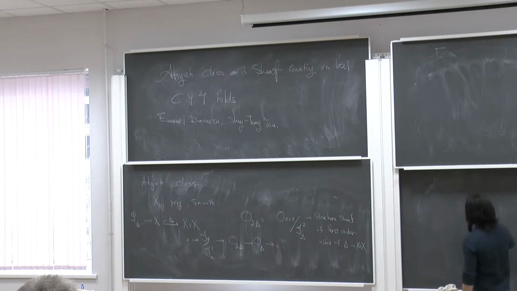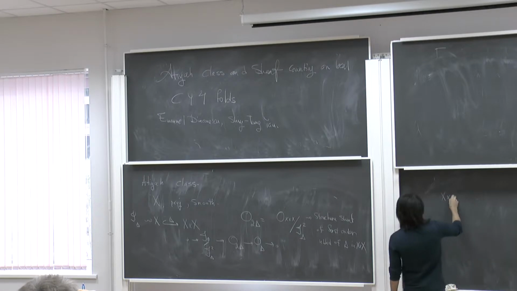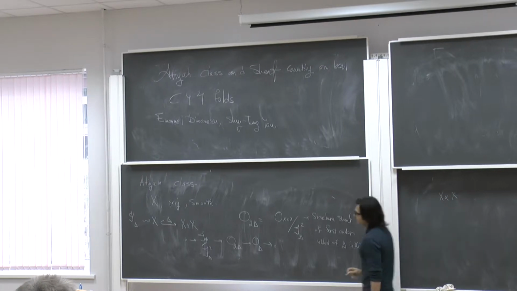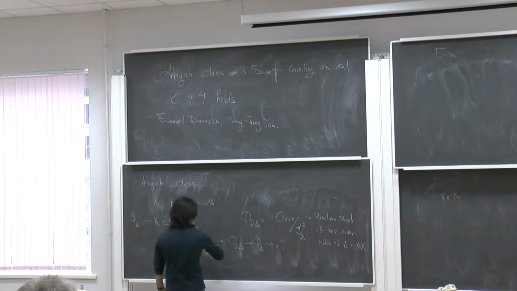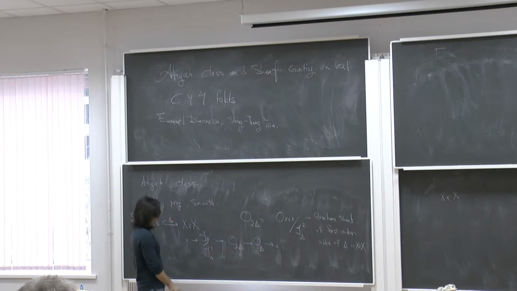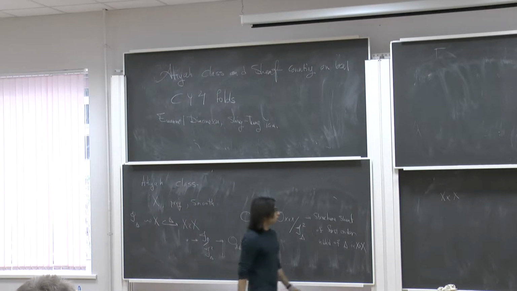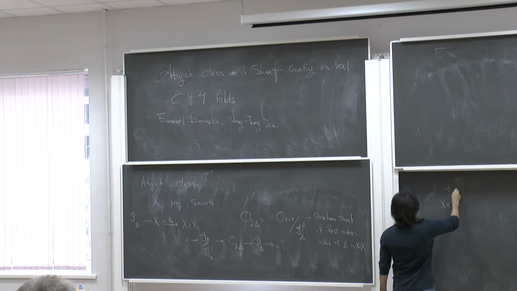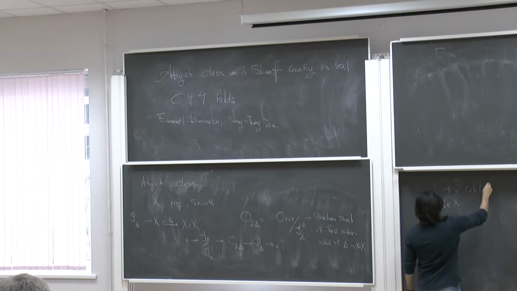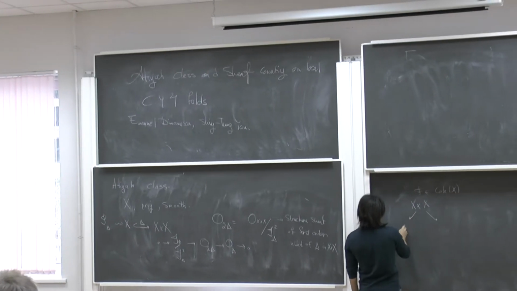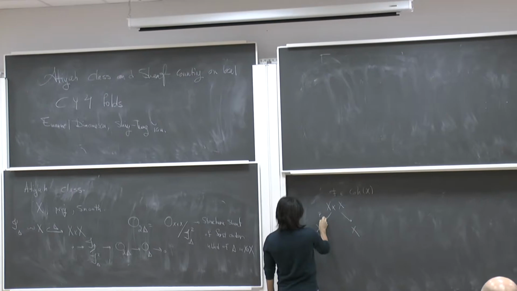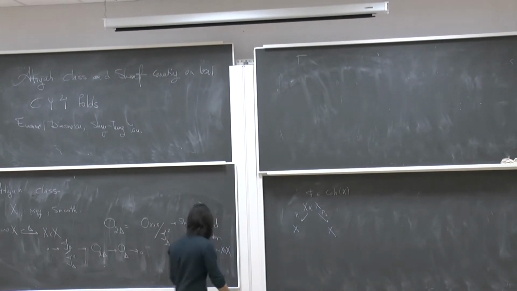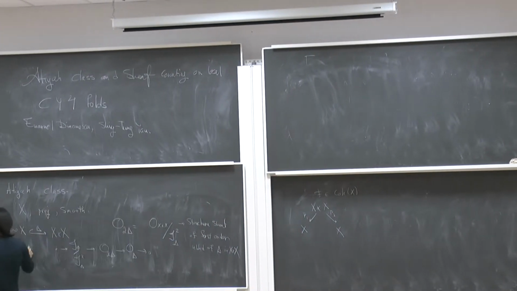Now, this is the exact sequence that actually provides us the Atiyah class of any coherent sheaf on X. So we can take a sheaf F, a coherent sheaf on X, and then we can look at the two projections from here to here, and then we give this a name.